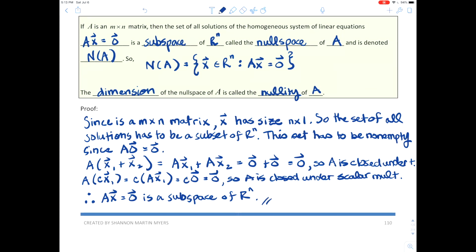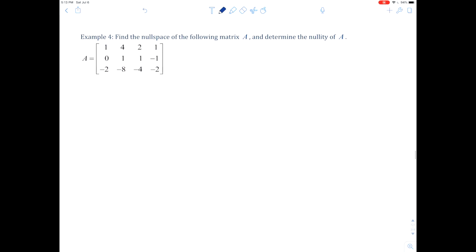Next up, let's find the null space of the following matrix A and then determine the nullity of A. Cool so far? So we've been given this matrix A. What size is A? Beautiful. 3 by 4. So the vector x has to be of dimension, you got it, 4 by 1.